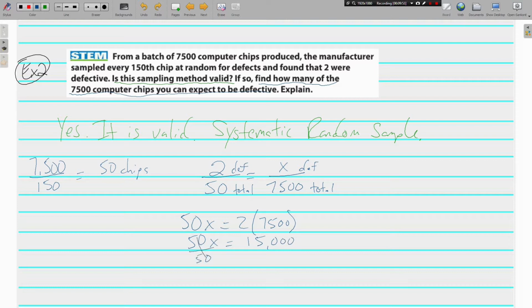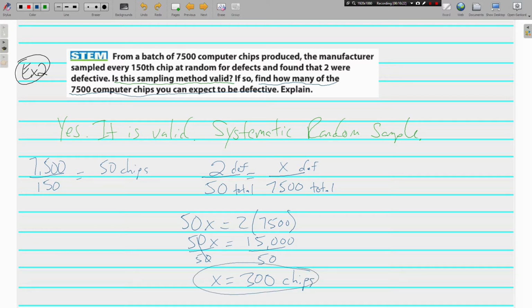Divide both sides by 50, and x is going to be 300 chips. So we could predict, or maybe even infer based on the data that we have, that 300 chips out of the 7,500 would be defective.